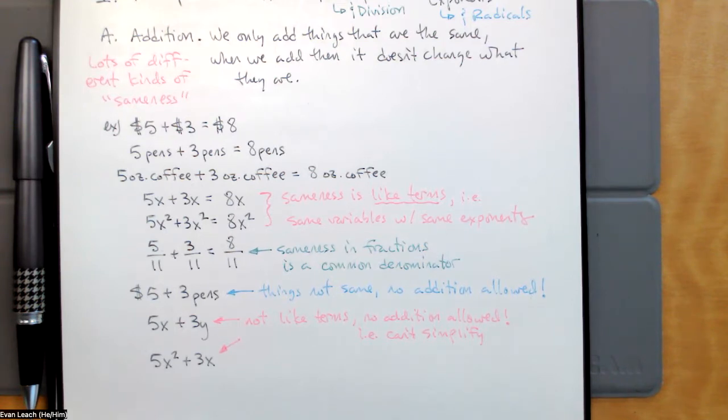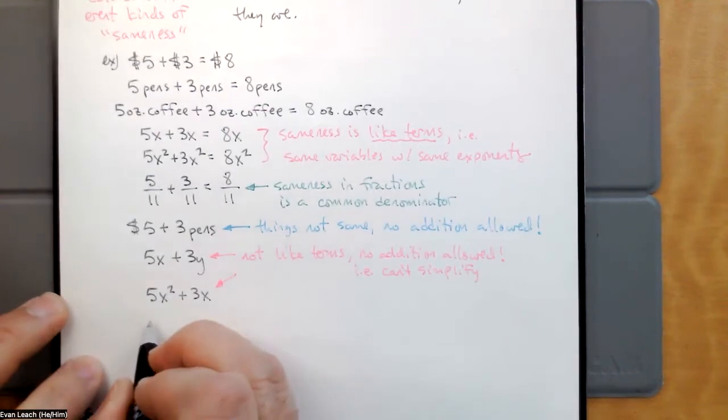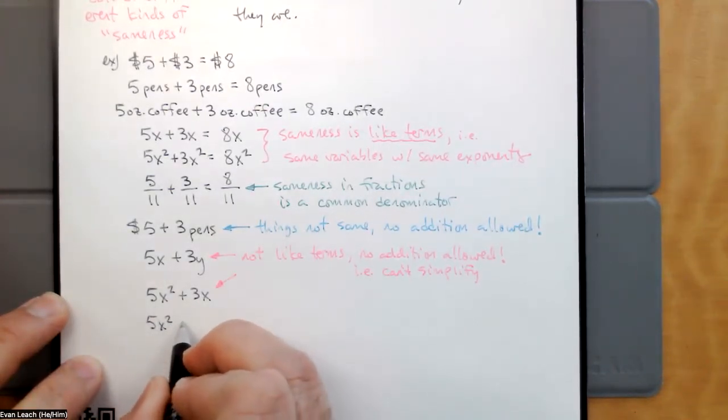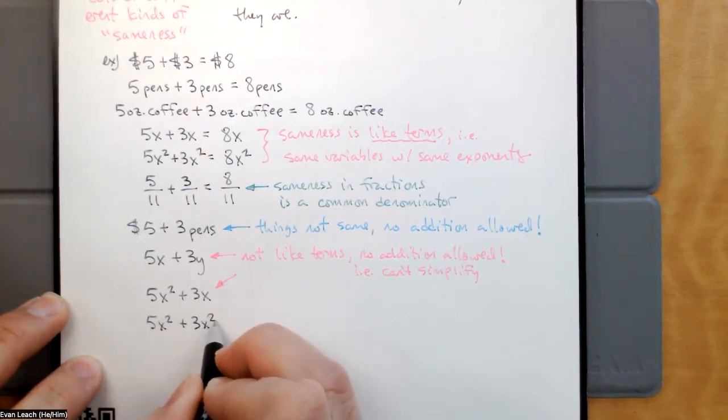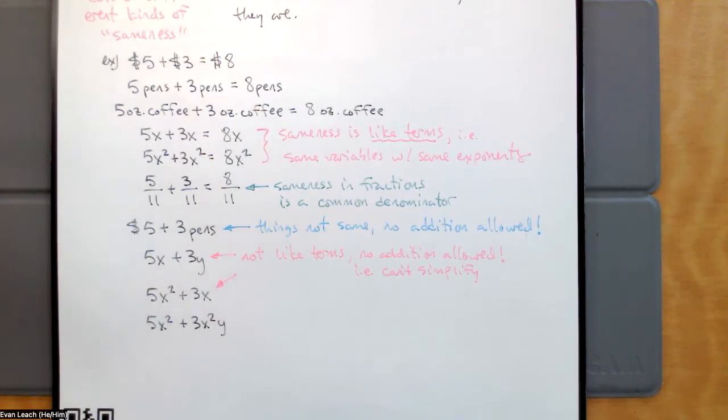Any questions? Remember, all the variables have to match before we add stuff. So if I have 5x squared plus 3x squared y, can I add them? No. I don't have 8 of anything because one of these terms is an x squared term, the other one is an x squared y term.